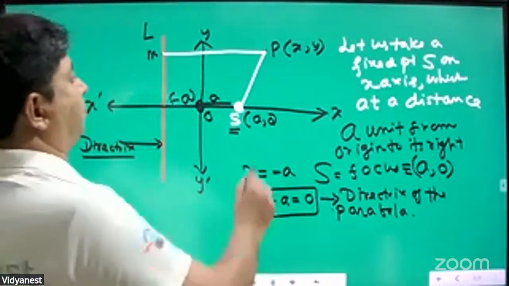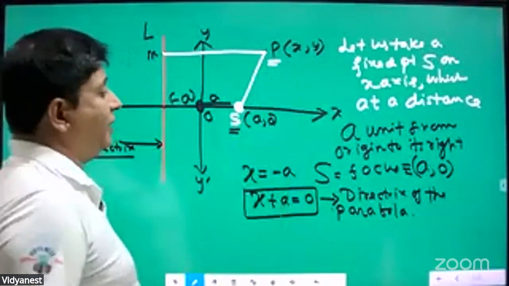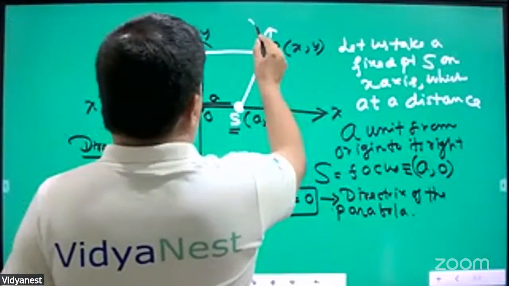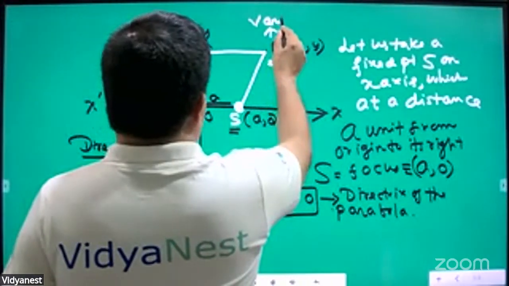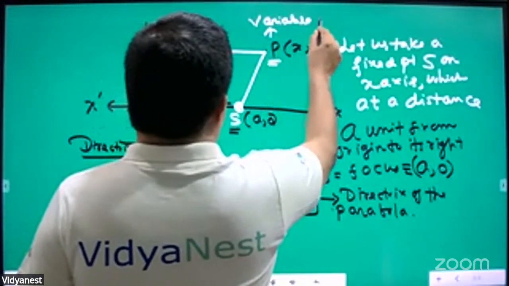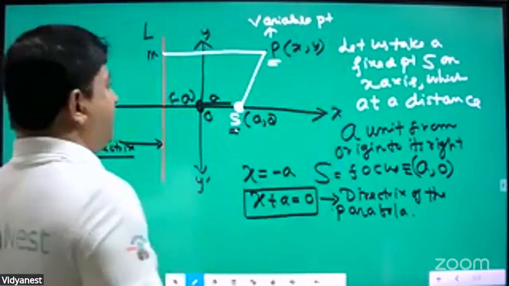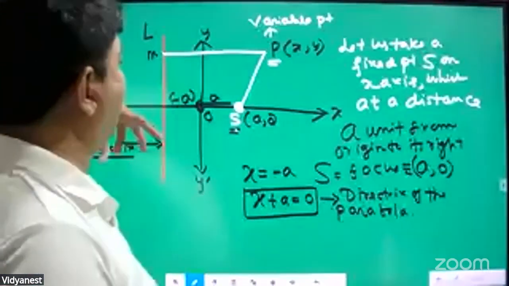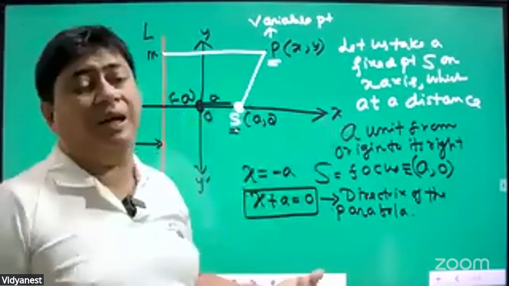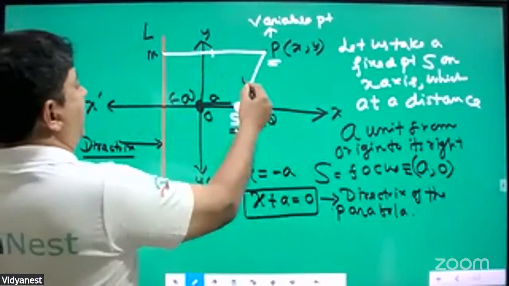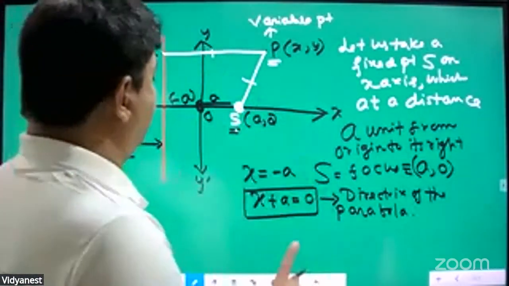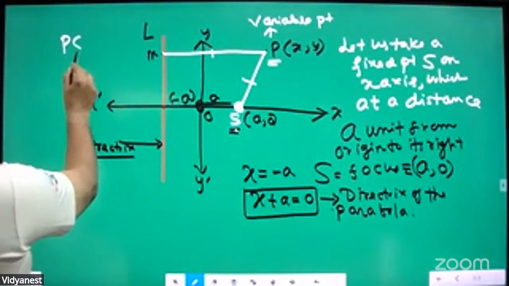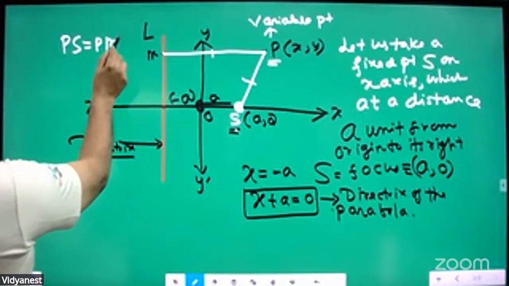That means this point P is a variable point and S is a fixed point. Now P starts to move, but the P point will move in such a way that always the relation PS is equal to PM will hold.